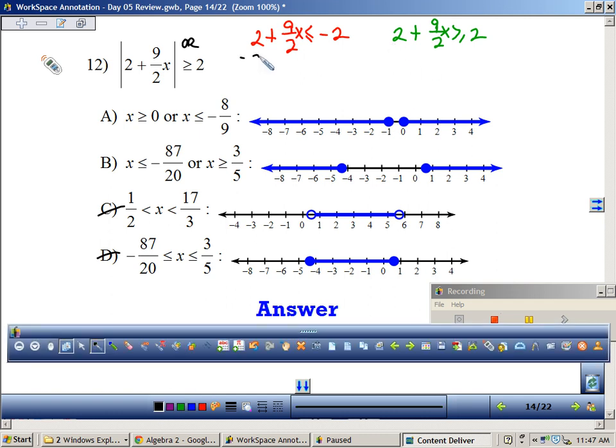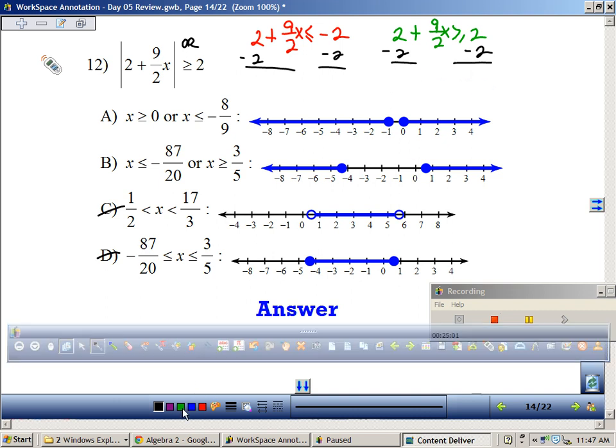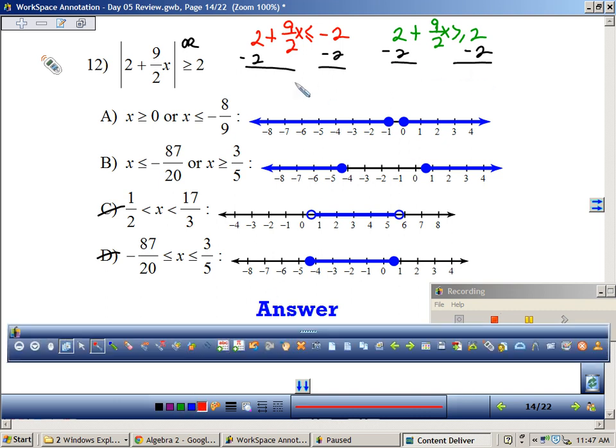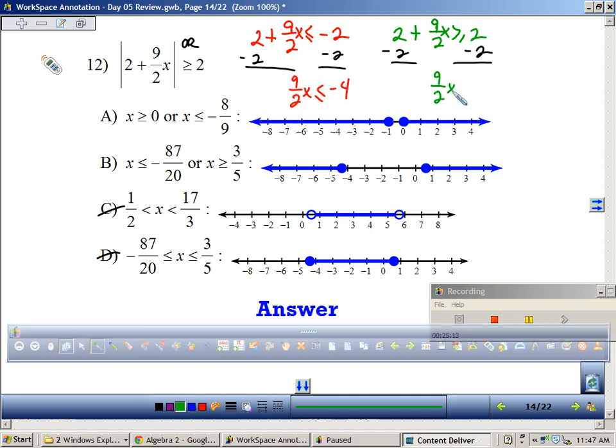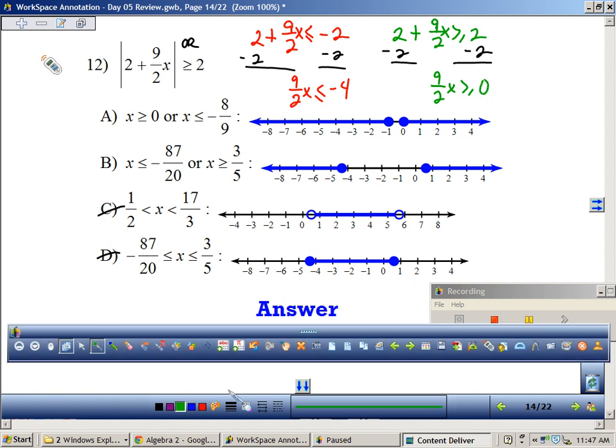Subtract 2 from everybody. So when I subtract 2 from everybody, I get 9 over 2x is less than or equal to negative 4. And over here I get 9 over 2x is greater than or equal to 0.